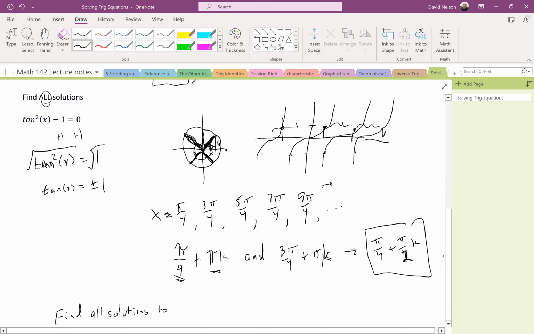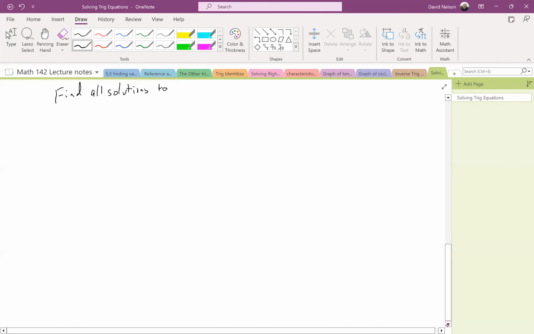Find all solutions to sine of x equals, well, let's make it a nice one, root 3 over 2, one of those special angles that we've got memorized. That's a 60-degree angle if you want.